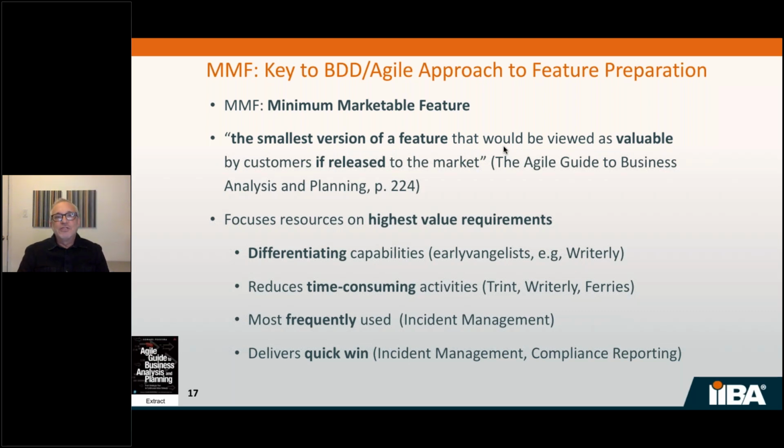So what is in that minimum marketable feature? What are we specifying for the feature? The highest value aspects of the feature. Differentiating capabilities, aspects that make your product different from everybody else's, aspects that reduce time-consuming activities.